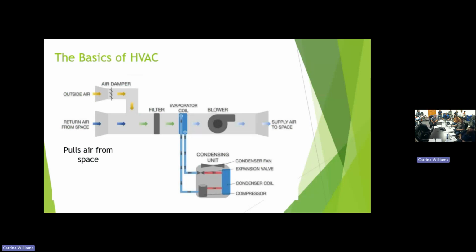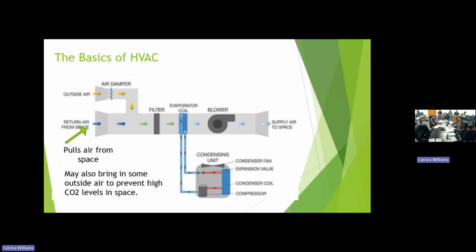We're pulling the air out of this space, and it's going up to the air handler. We have to pull it from the space, and it goes into the beginning of our air handler unit.